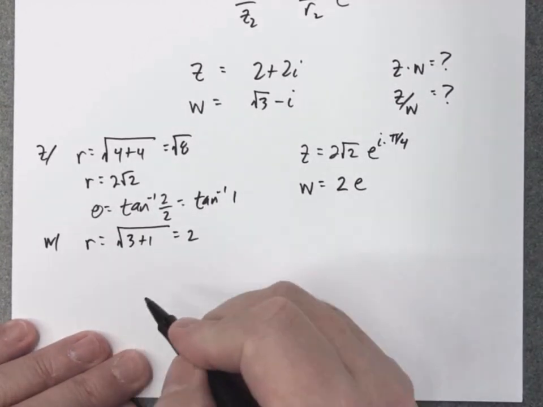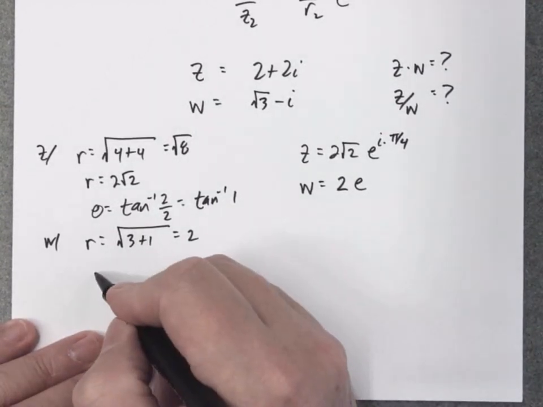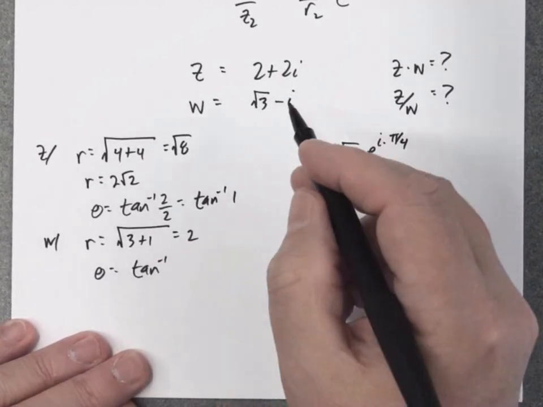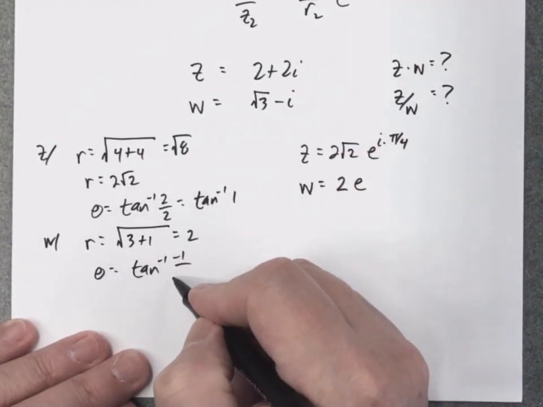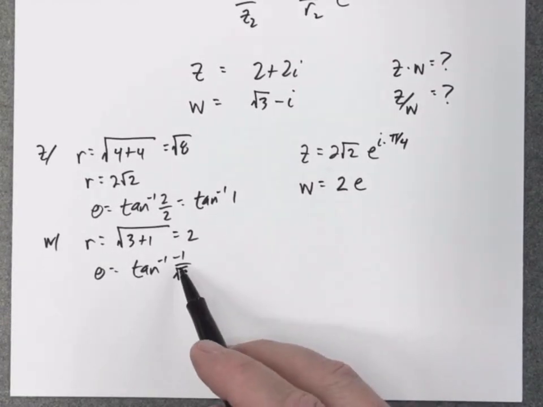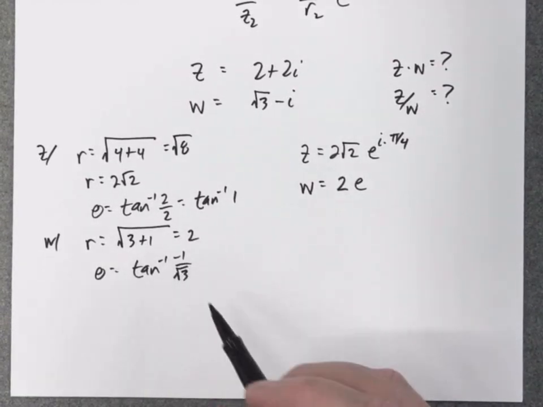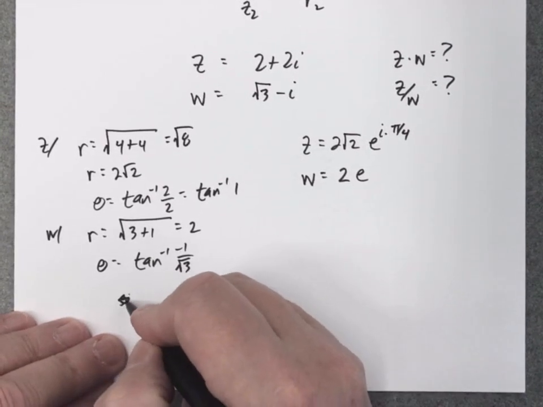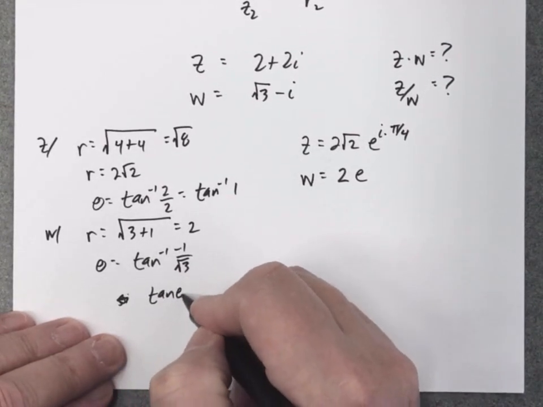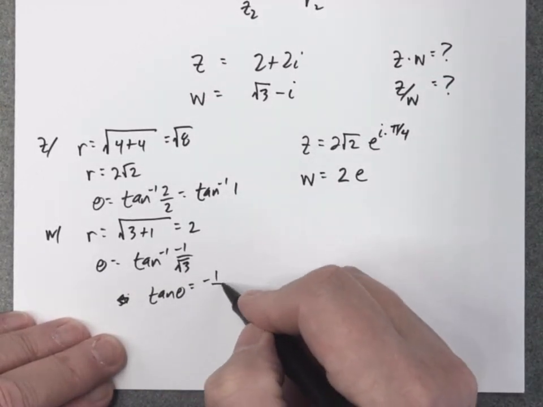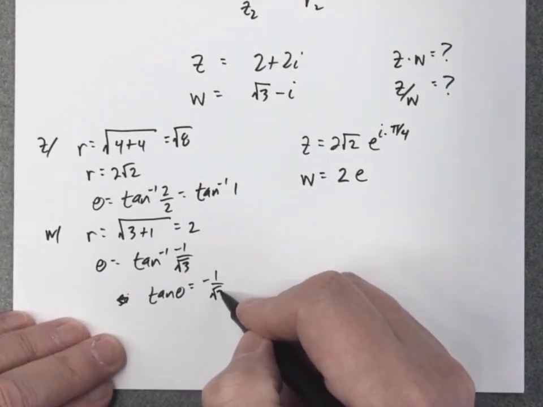Now the angle is the inverse tangent of negative 1 over square root of 3. We've actually done this before in prior videos. What we really want to know is the angle where the tangent is negative 1 over square root of 3.